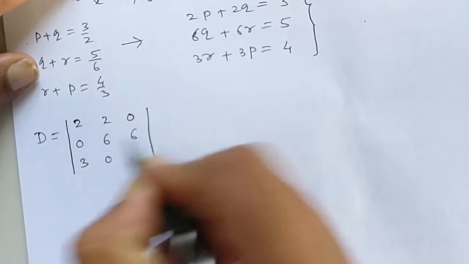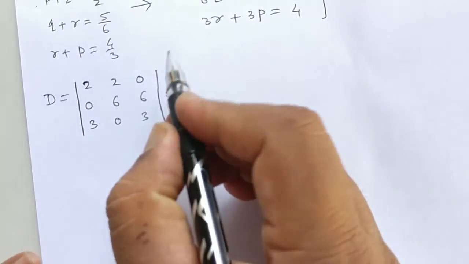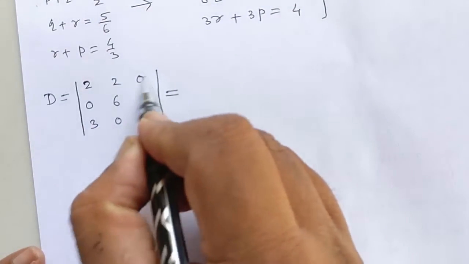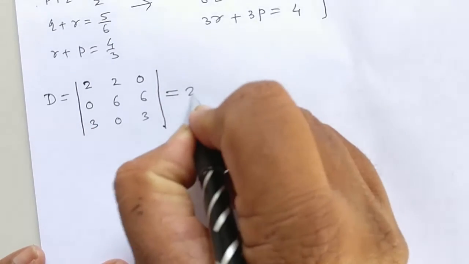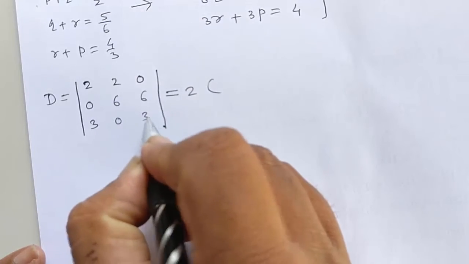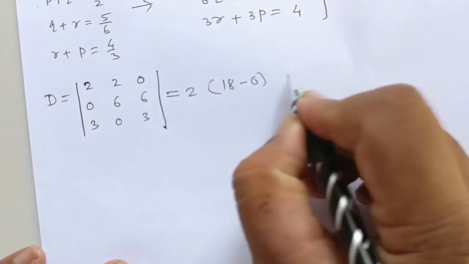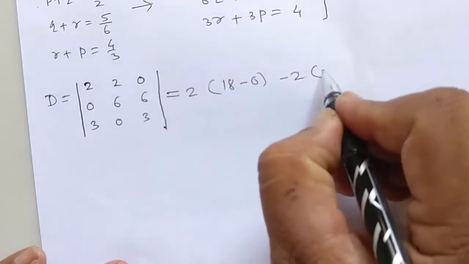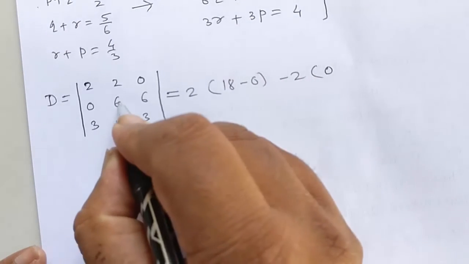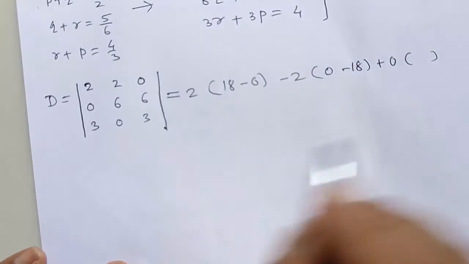Coefficient of Q is 0 and coefficient of R is 3. So this is the determinant D. Now we expand this determinant with the help of the elements of the first row. The elements of the first row are 2, 2, 0. So 2 into (6 times 3 is 18, minus 0 times 6, that is 0), minus 2 into (0 into 0, 0, minus 3 into 6, minus 18), plus 0 into anything is again 0.